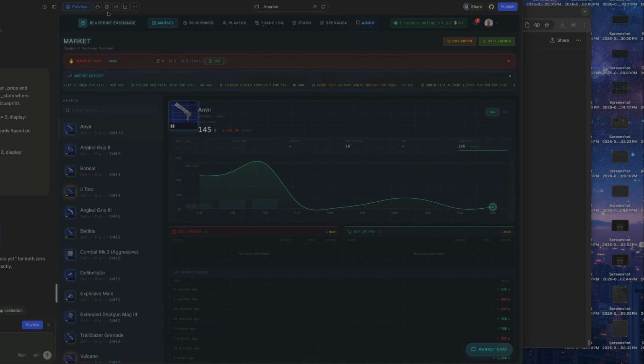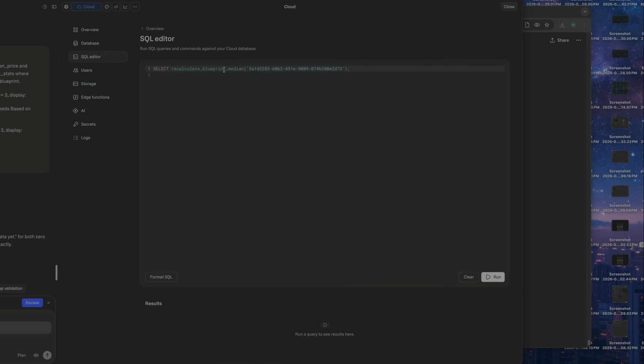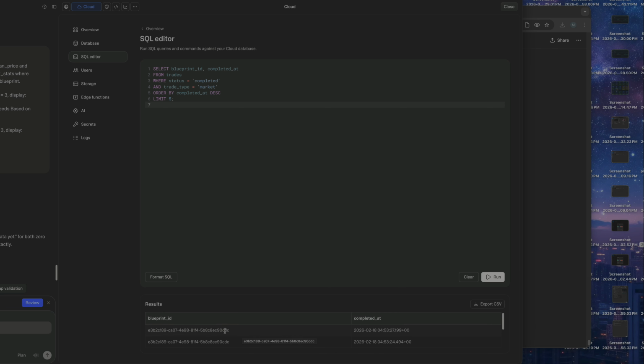If you just completed a trade and you want the most recent one, select the most recent completed trades. Click the blueprint ID. Okay, I totally understand.